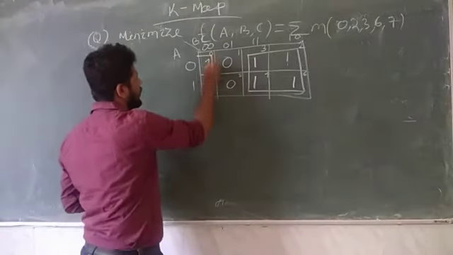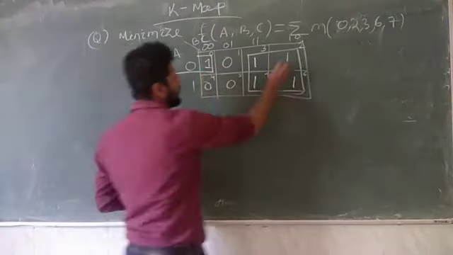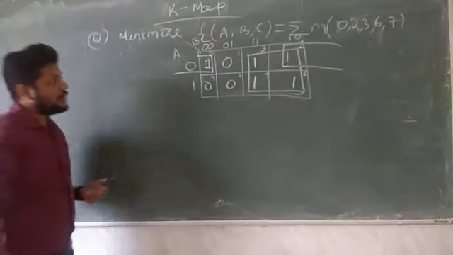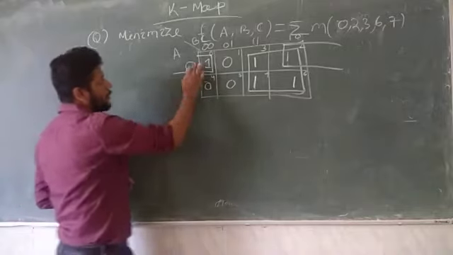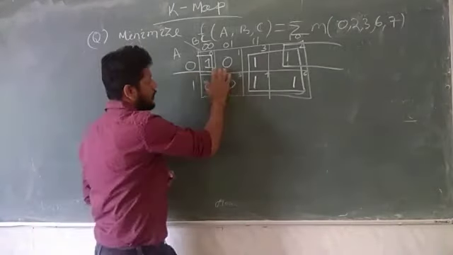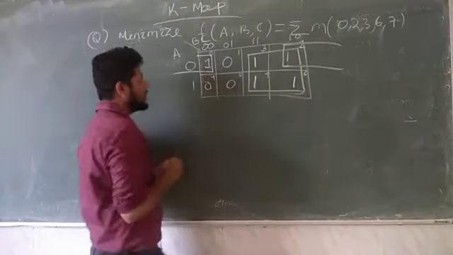Yes, it is possible to combine 2 cells. Which 2 cells? This is 1 and this corner. You can see this cell is very far from here, but it is actually adjacent. Why adjacent?